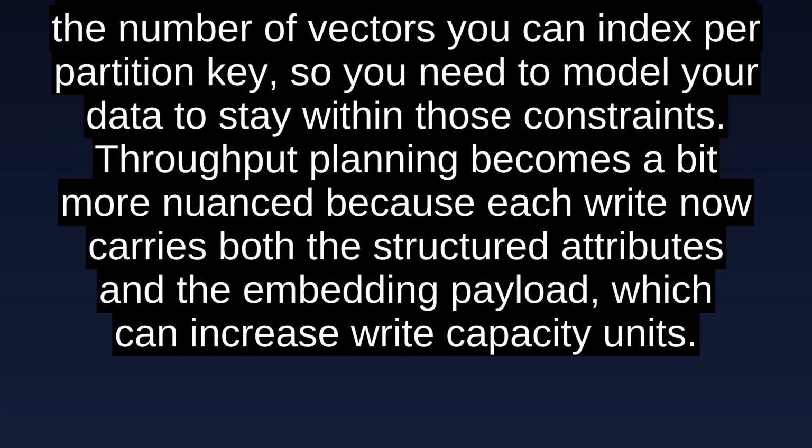Of course, the approach isn't a silver bullet. DynamoDB's native vector support comes with limits on vector dimension size and the number of vectors you can index per partition key, so you need to model your data to stay within those constraints. Throughput planning becomes a bit more nuanced because each write now carries both the structured attributes and the embedding payload, which can increase write capacity units.